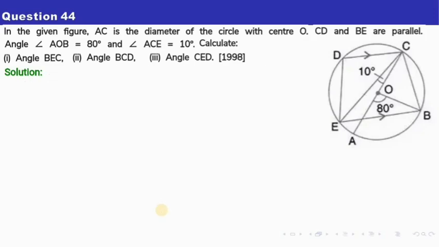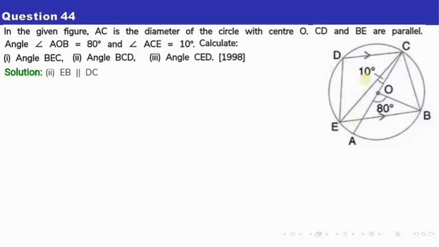Okay, now let's move on to the next part. So we have EB is given to be parallel to DC, right? Now whenever we have this case, we'll look for a transversal. So here we see that EC acts like a transversal, and after we see the transversal, we go for angles like corresponding angles, vertically opposite angles and alternate angles.